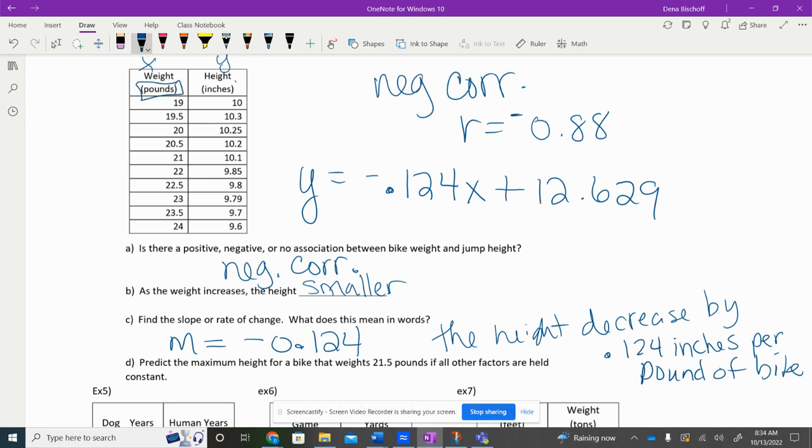Weight of the bike in pounds, height in inches. Remember, you do your inches first. So the height decreases by 0.124. That's why I didn't write it negative, because decrease means it's going down, by 0.124 inches per pound of bike.